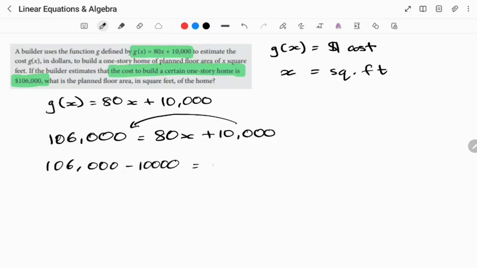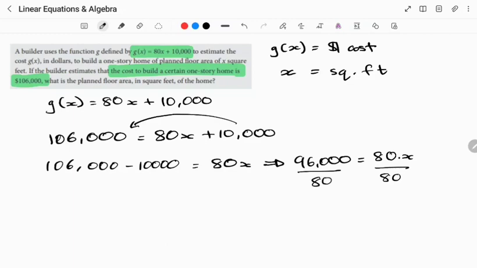is equal to 80x. And 106,000 minus 10,000 is 96,000. So 96,000 is equal to 80x. Now, 80 and x here are multiplied, so we're going to divide both sides by 80.